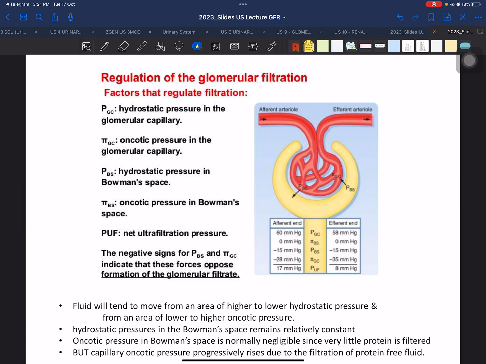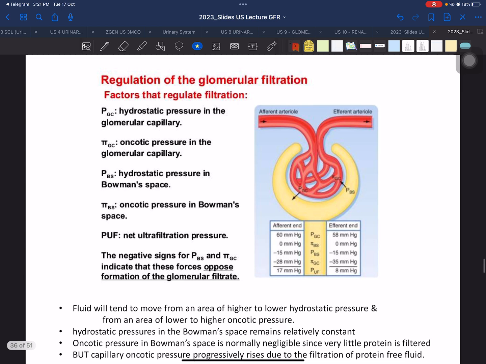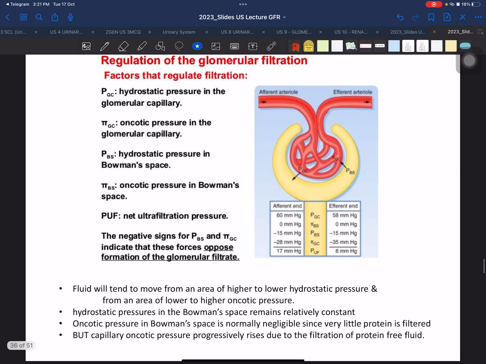And then you have pi GC, the oncotic pressure in the glomerular capillary, around 28. So using the Starling forces, you will get 17 mm mercury at the afferent end. The negative indicates it opposes filtration. At the efferent end, the values change. There are a few changes in the numbers here.